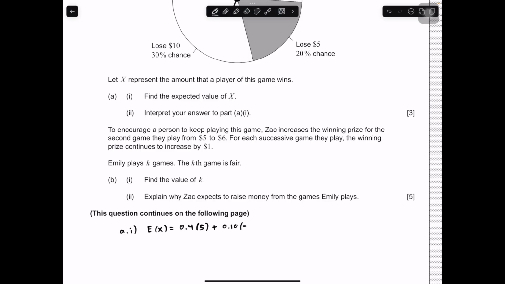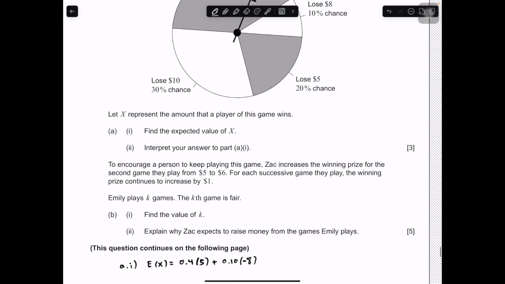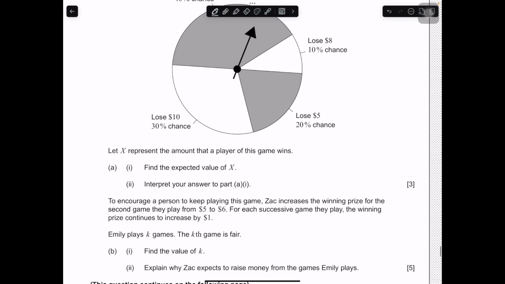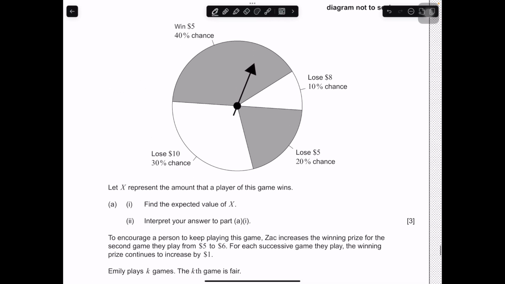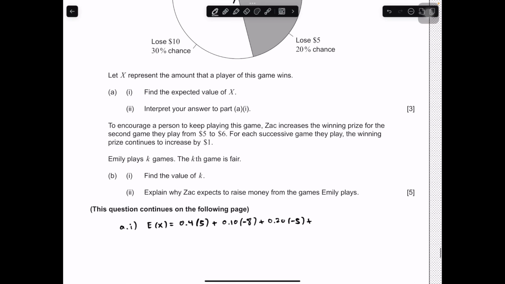And then we're going to potentially lose $8 in this situation. We have a 20% chance of losing $5. So plus 0.20, chance of losing $5. And then here as well we have another 30% chance of losing $10. So 30% chance of losing $10. And if we were to sum all these values together, we would have something like a weighted average, and this would give us our expected return.